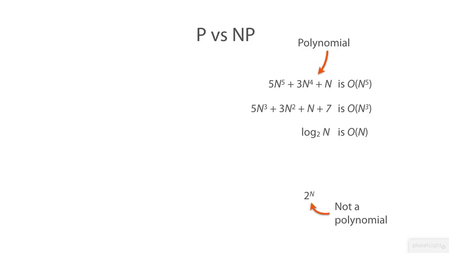Notice the difference between the exponential function and polynomials. In exponential functions, the variable that grows, in this case n, is in the exponent, whereas exponents in polynomials are constant. This means that exponential functions grow much faster than polynomials.